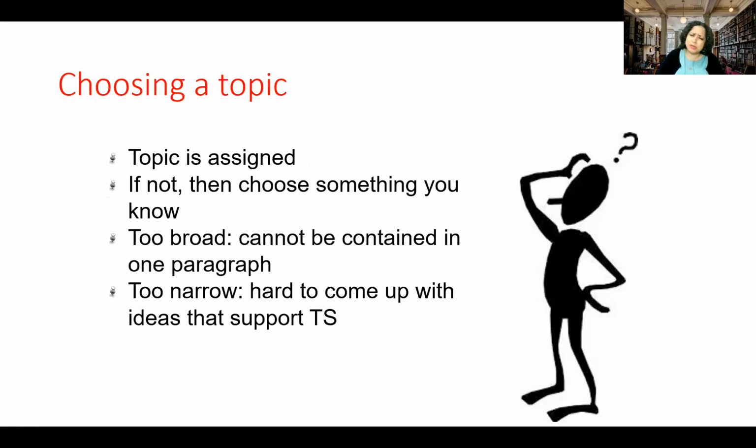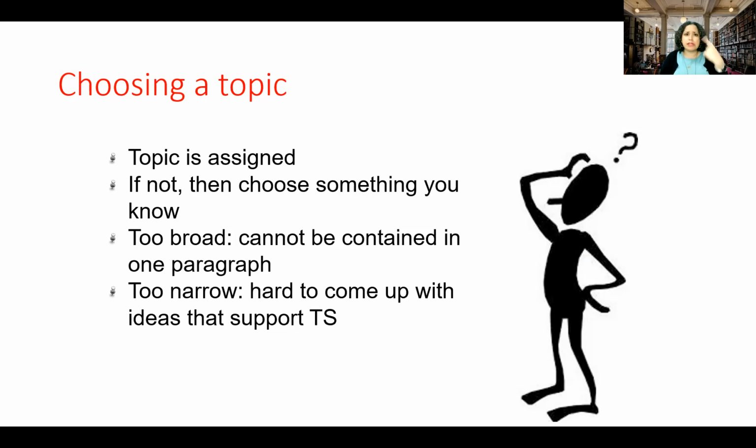So what about choosing a topic for every sentence? If we're talking about a whole text, then maybe you're just talking about one topic, and that's fine. And then for each paragraph, connecting the paragraphs, your topic sentence is important and it should be related to the general perspective or the general topic.